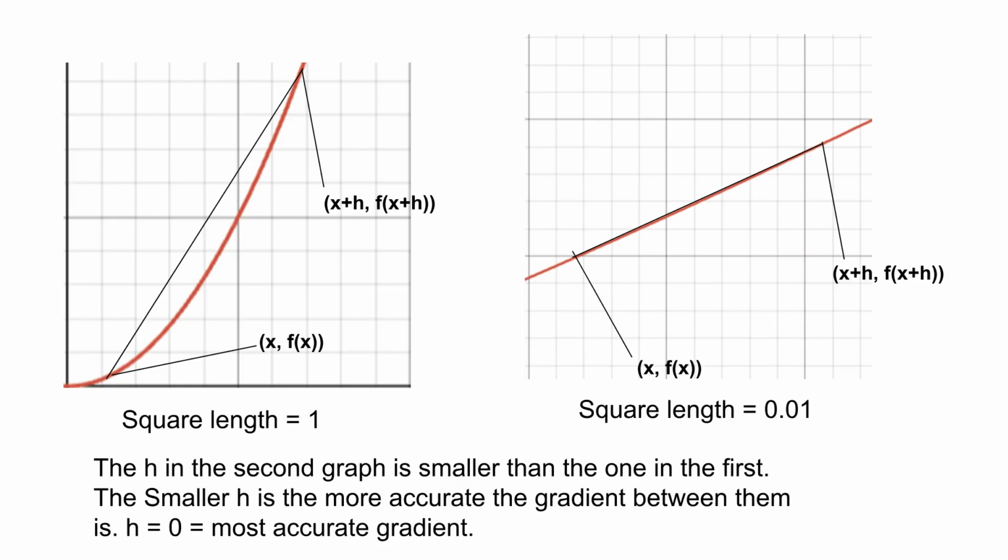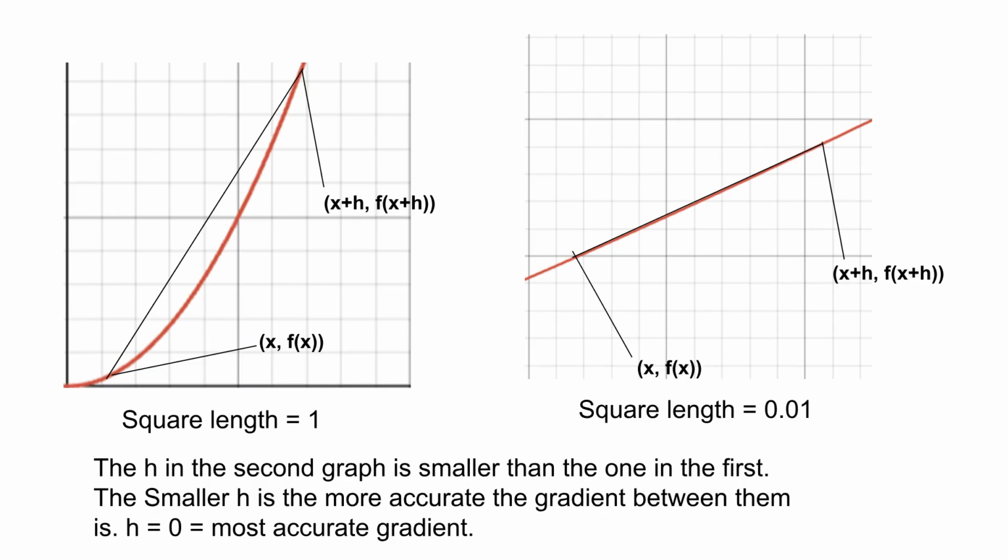We can use this reasoning and this graph to determine that getting the gradient from 2 points on a line is more accurate the closer those 2 points on the line are. As we can see on the graph, on the first graph with square length 1, the gradient is not very accurate to the line itself.